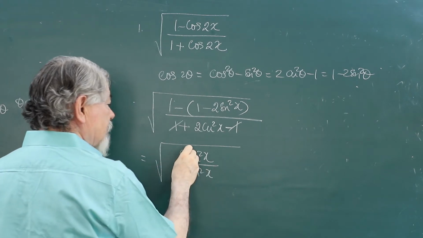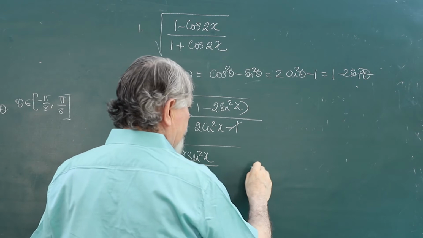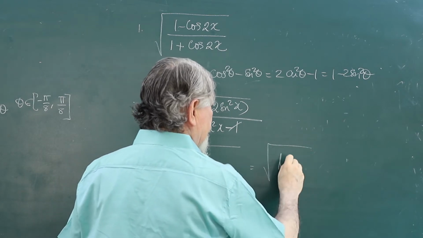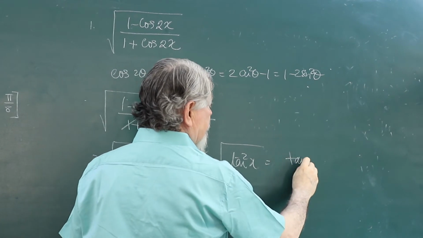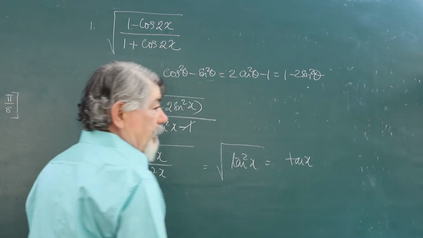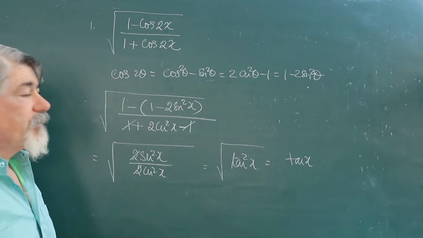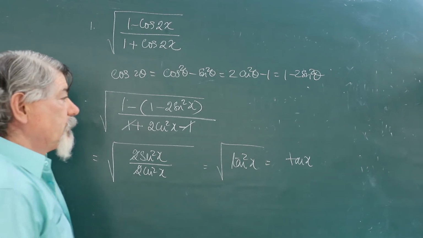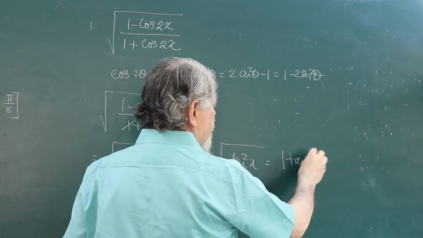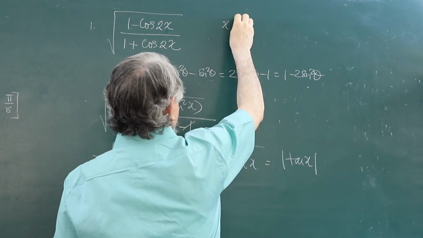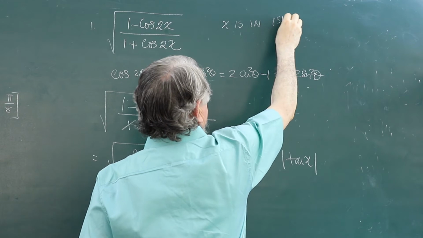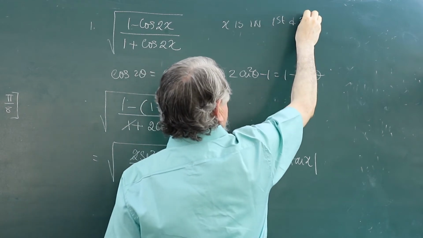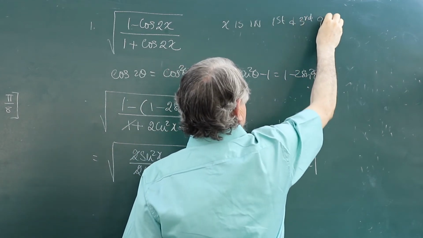The 2 will cancel. You will get under root tan square x. It will come tan x actually, and tan x is positive in the first and third quadrant. I'll take positive because x is in the first and third quadrant.